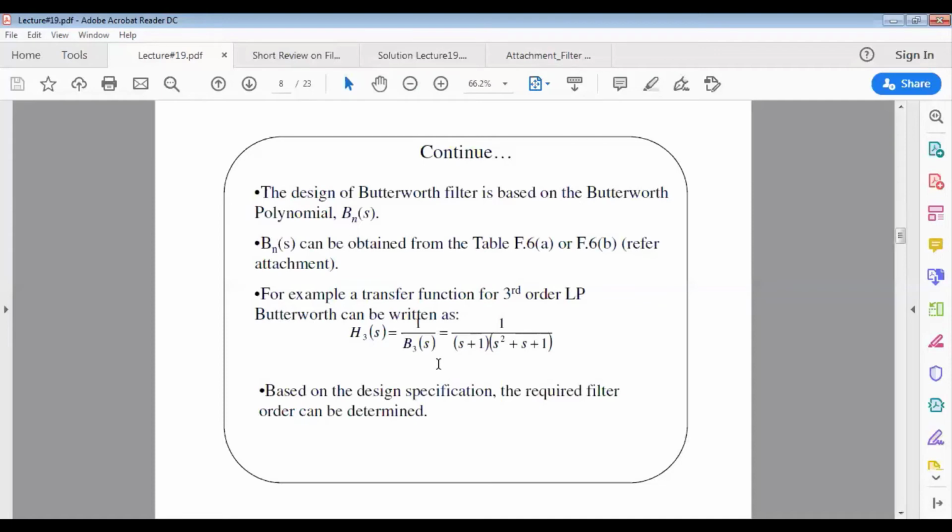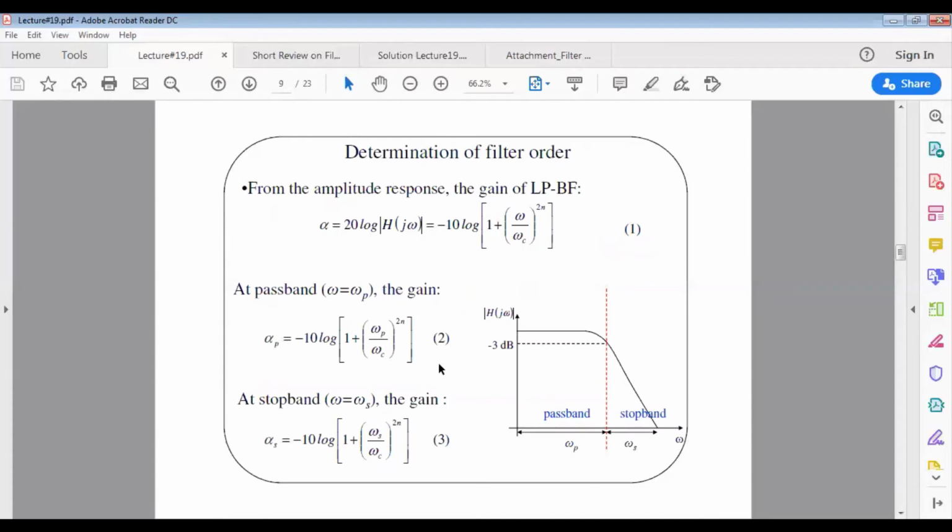This slide shows us how to determine the filter order. The filter order can be obtained by using the steps here. We have this equation, which is a calculation of the magnitude of the amplitude response.